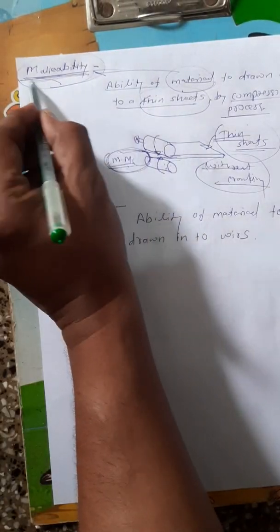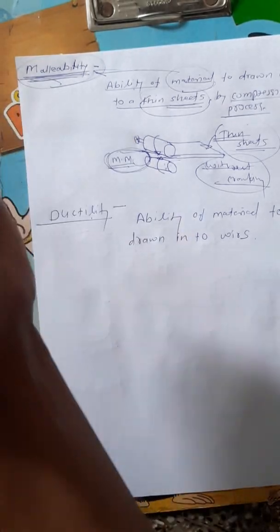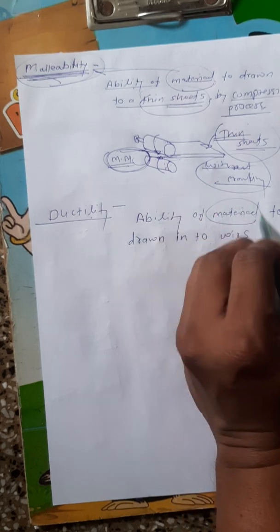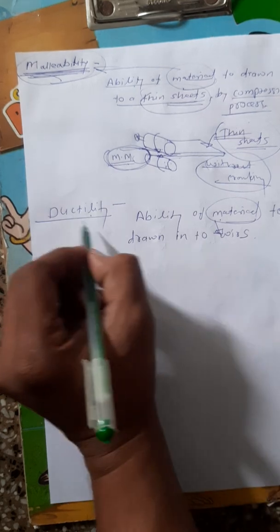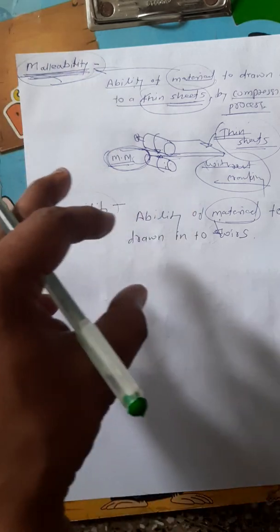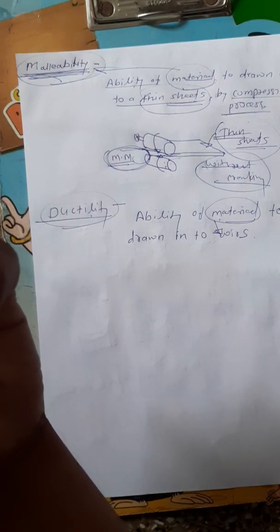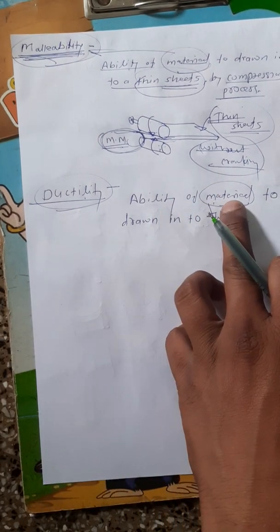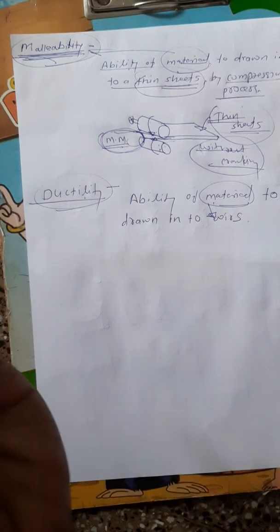Earlier, a material with the ability to be drawn into sheets is called a malleable material. But in ductility, the material comes into wire form. That phenomenon is called ductility. Materials having the ability to be drawn into wires are called ductile materials. The ability of a material which can be drawn into thin wires is called ductility.